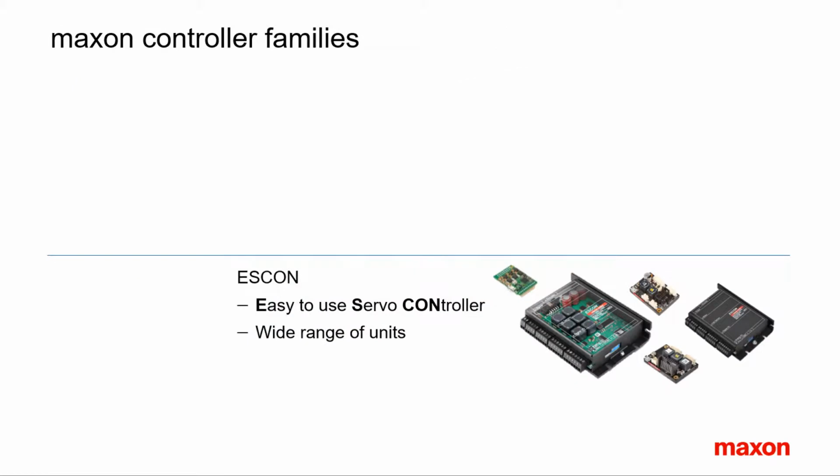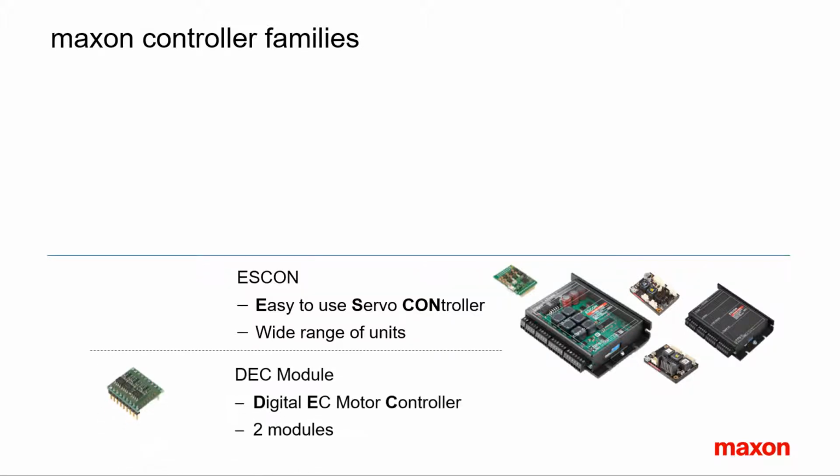Let me first give a very general overview on the maxon controller families. The SCON family is the first choice when it comes to dynamic speed control with analog set value. Cost-effective electronic commutation of brushless motors and simple speed control can be achieved with the DEC modules.